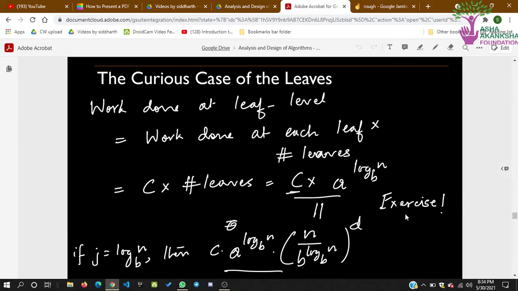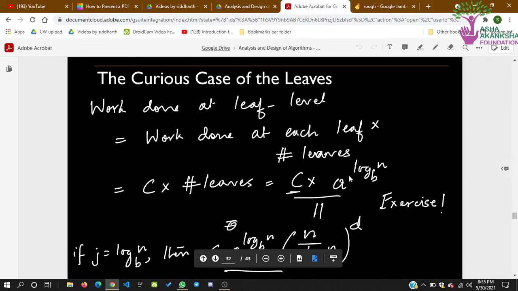Then work done at the leaf level is equal to work done at each leaf into the number of leaves. Work done at each leaf is equal to c. Why? Because we took T(1) is equal to c. Now the number of leaves is equal to a raised to the power log base b of n.